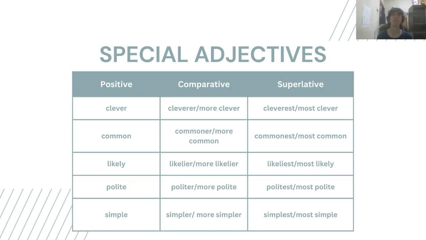Some of the examples are clever, cleverer or more clever, cleverest or most clever, common, commoner or more common, commonest or most common, likely, likelier or more likely, likeliest or most likely, polite, politer or more polite, politest or most polite, simple, simpler or more simple, simplest or most simple.